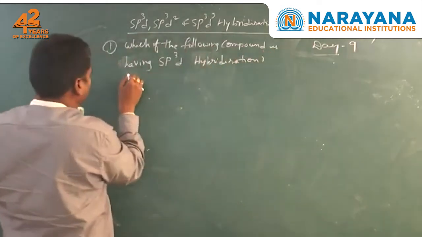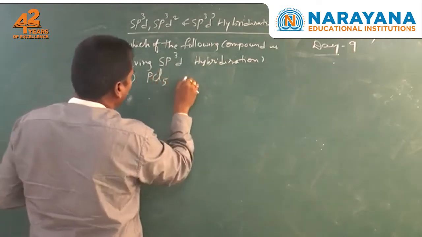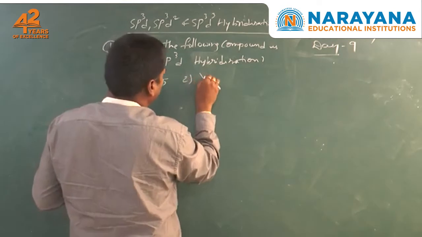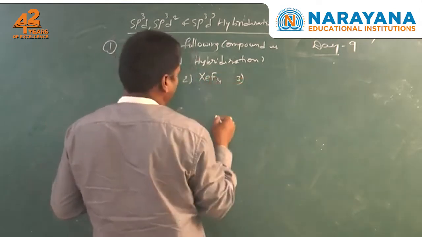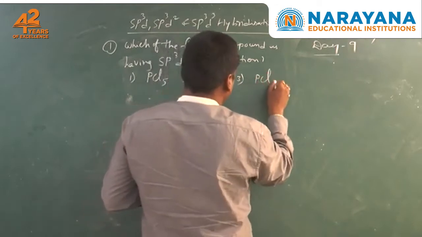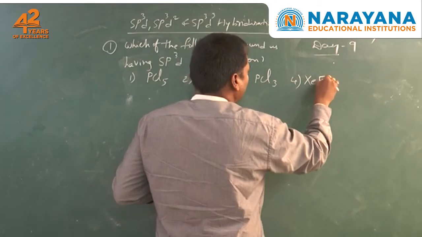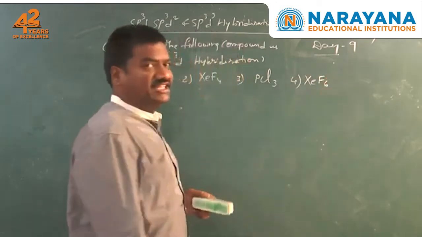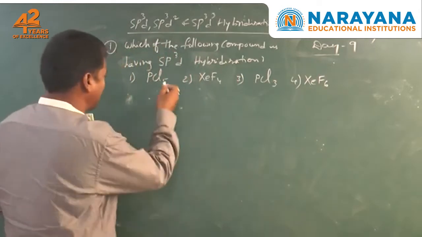Now the options are like this. First option PCl5, second option XeF4, third option PCl3, fourth option XeF6. Okay, these are the given options. We will discuss these examples, these options.